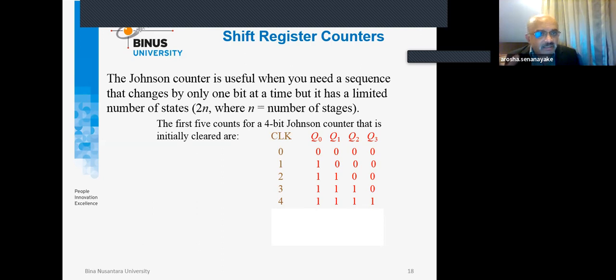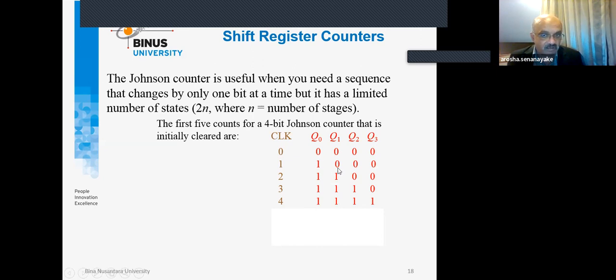But you have to understand the way it counts. You can see the peculiar characteristic: in each combination only one bit has been changed. That's the key. 0 here, 1, and the rest is 0.